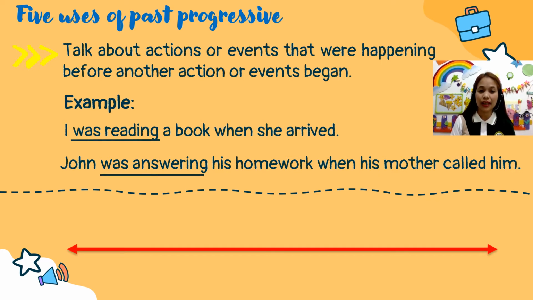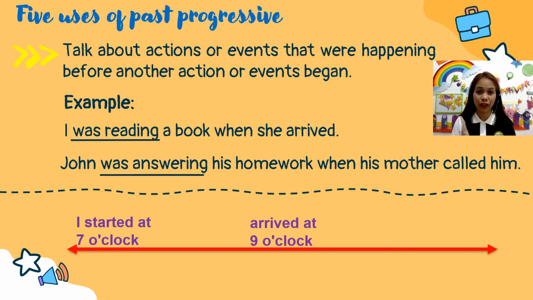Was reading and was answering are both past progressive tense. Perhaps the idea here is I started at 7 o'clock, then she arrived at 9 o'clock, and I finished at 10 o'clock. Okay?